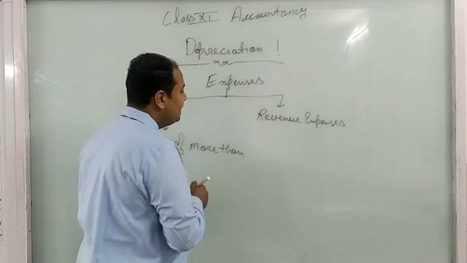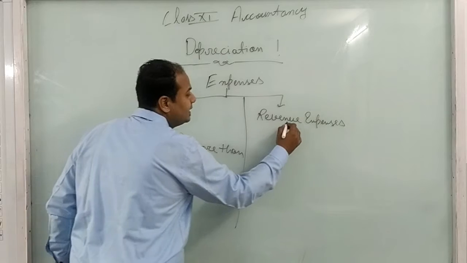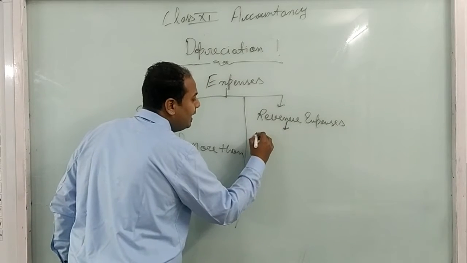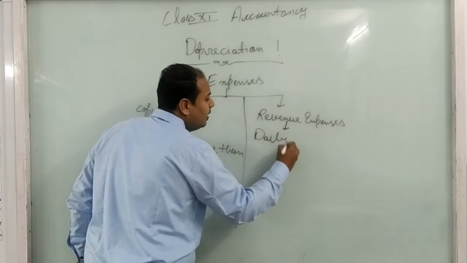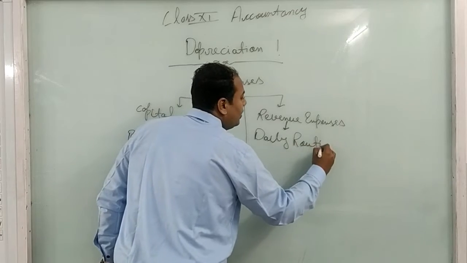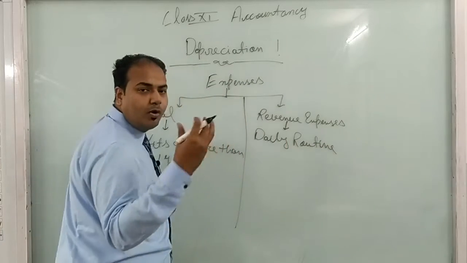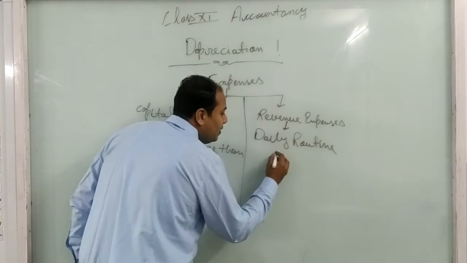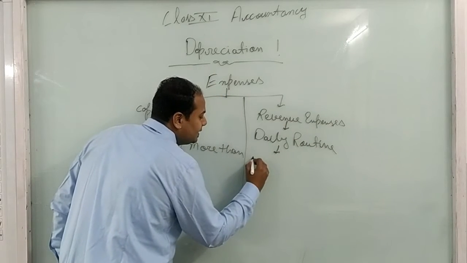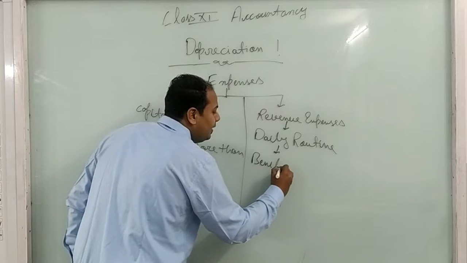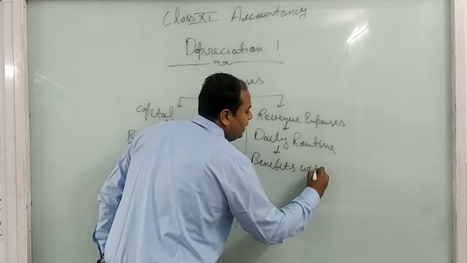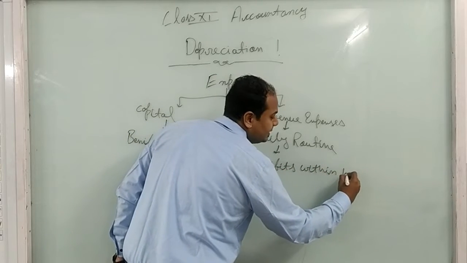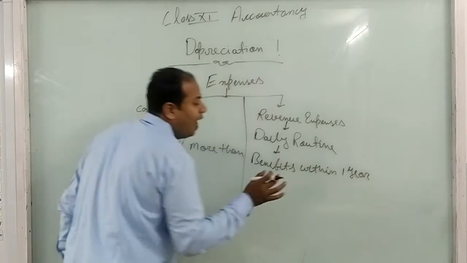Okay, and revenue nature expenses are those expenses which you have to bear in your daily routine, or you can say, if we talk about the proper definition, then revenue nature expenses are those expenses which provide benefit within 1 year. Such expenses provide you the benefits for within the 1 year.